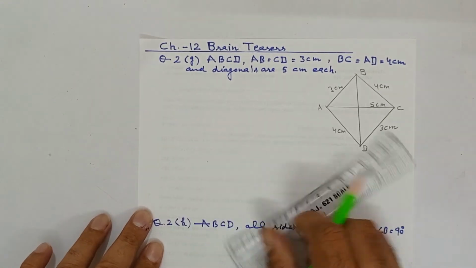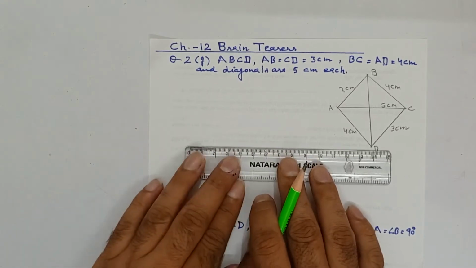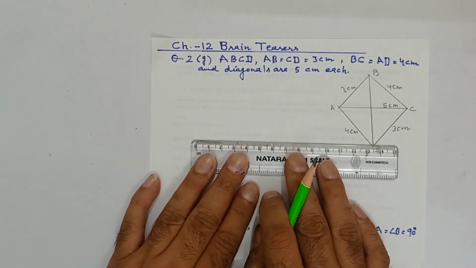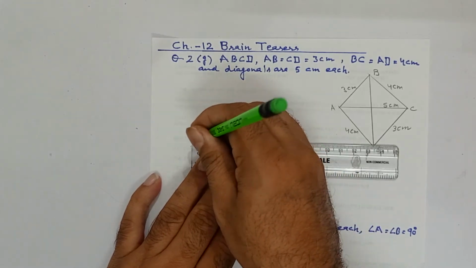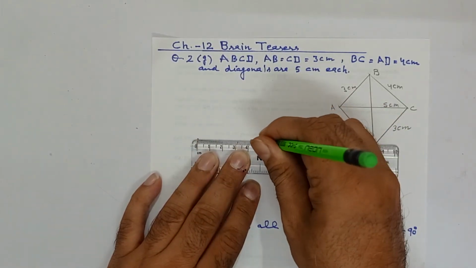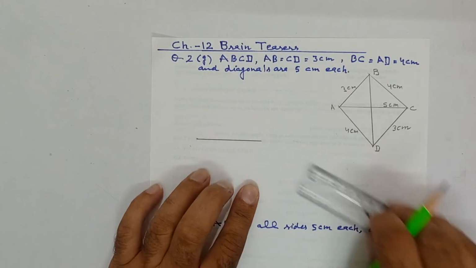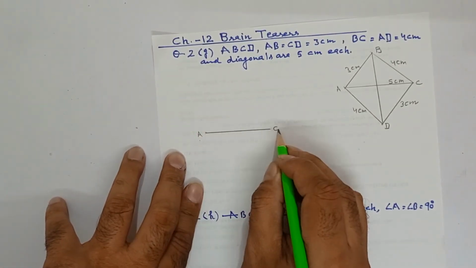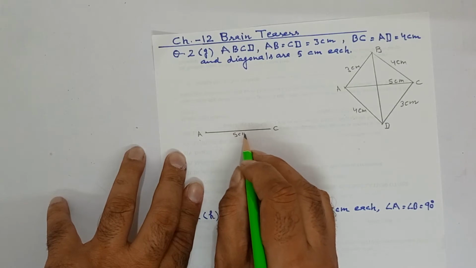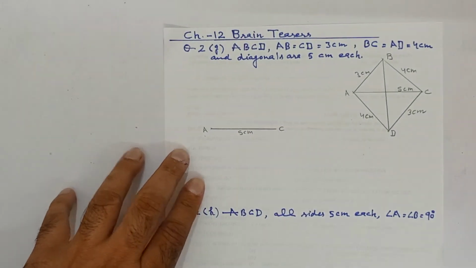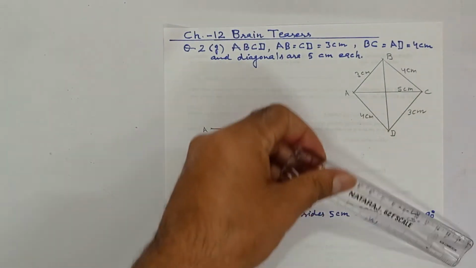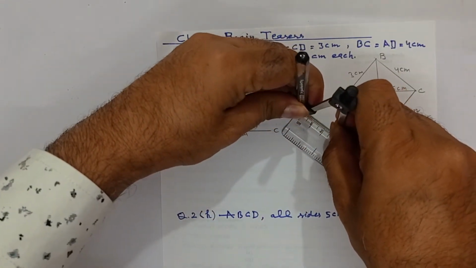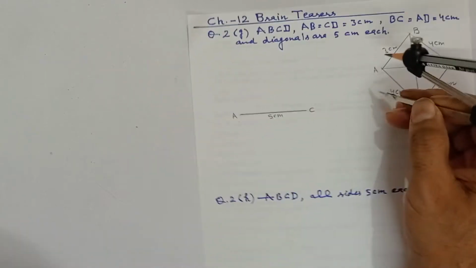So let's start. This is the scale kept in proper position. This is 0 and this is 5. Join it. 5 centimeter, that is AC. Now from point A, 3 centimeter is to be cut. So see, I have kept here, this is 3 centimeter exactly.